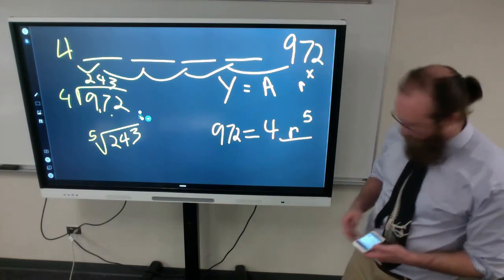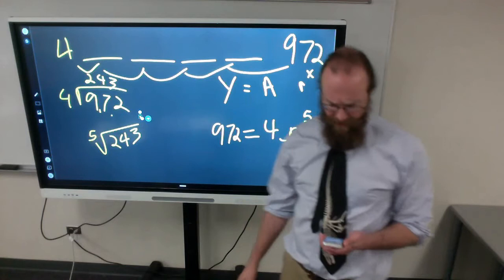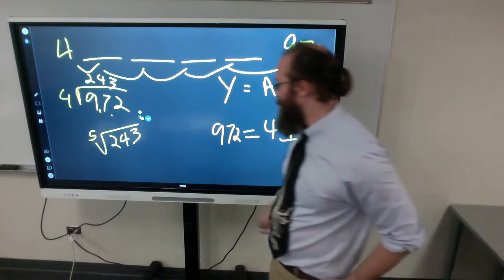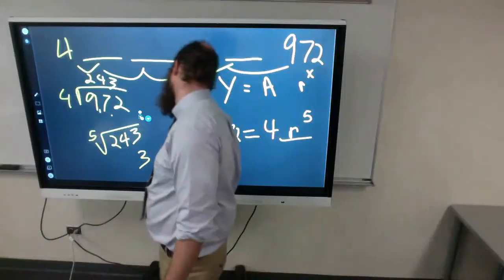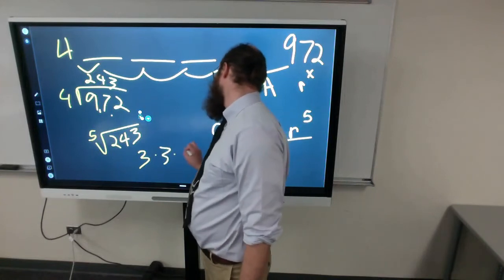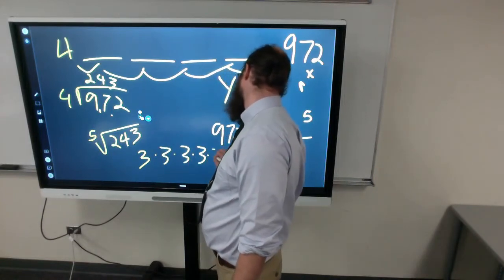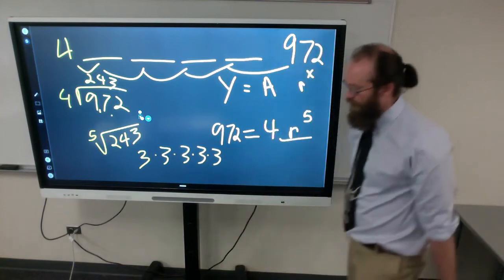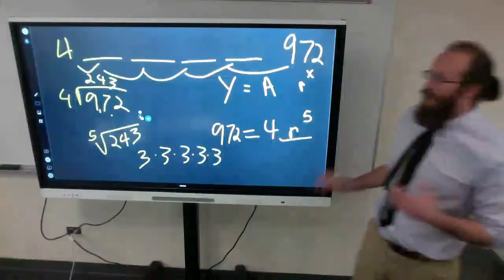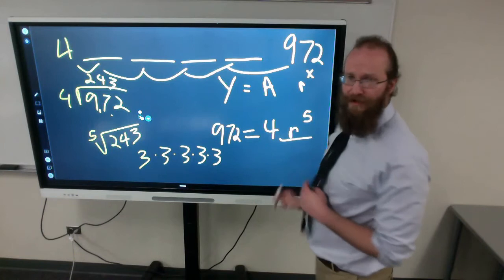So the 5th root, and you would have to do this on a scientific calculator, the 5th root of 243 is 3. So 3 times 3 times 3 times 3 times 3, 5 times, would equal 243. So we've now determined that our common ratio is 3.